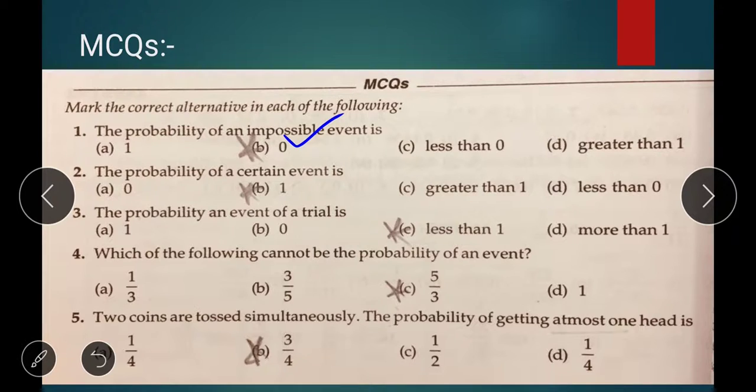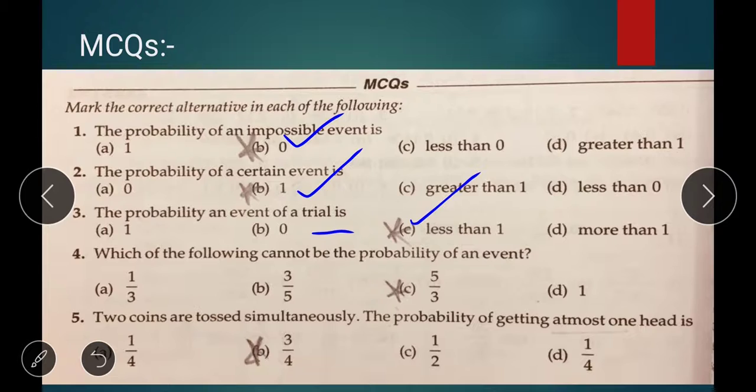The probability of a certain event is, certain event means sure event, so 1 is the answer. The probability of an event of a trial is less than 1. More than 1 is not possible. It is not 0 and not 1, so less than 1 is the answer.